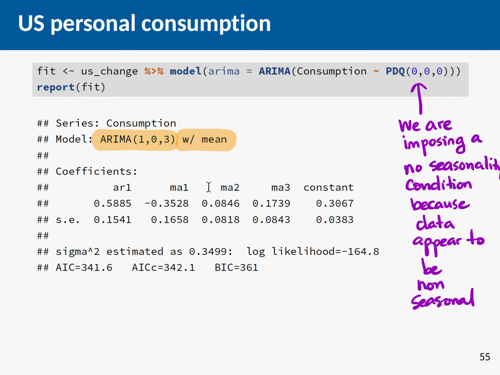If you have an MA1 component, that has a theta 1 of negative 0.35. If you have an epsilon_{t-2} component, which is your MA2 component, that has a theta of 0.08, and so on and so forth. And then you have a constant, and you have an estimated variance for your errors as well.